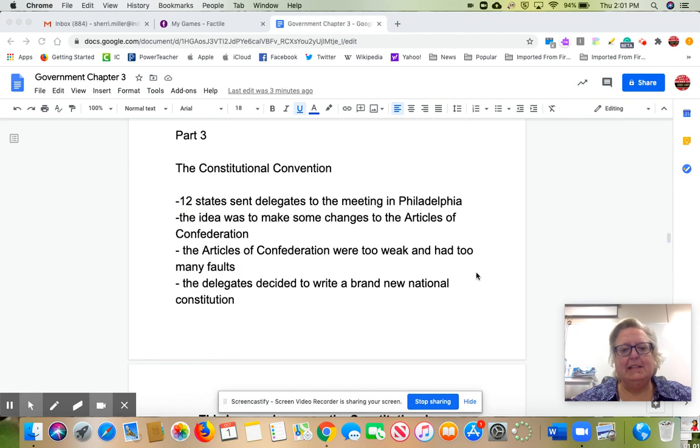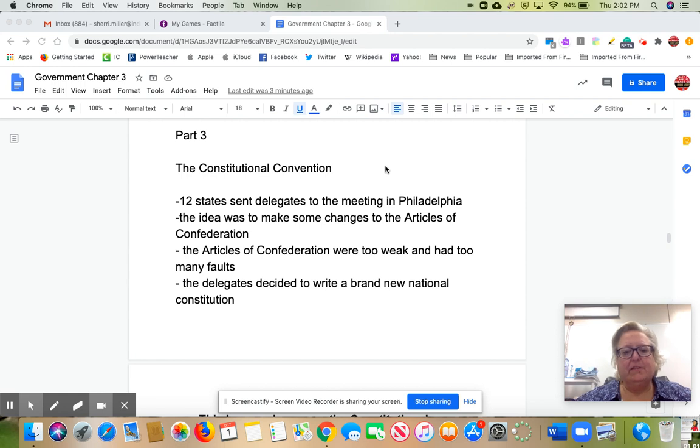But today we're going to talk about the Constitutional Convention, which is really important because it's where things start to come together, where the colonies or the states start to come together and become one. 12 states sent delegates to the meeting in Philadelphia. The idea was to make some changes to our Articles of Confederation, and that's what we were running off of at that time.